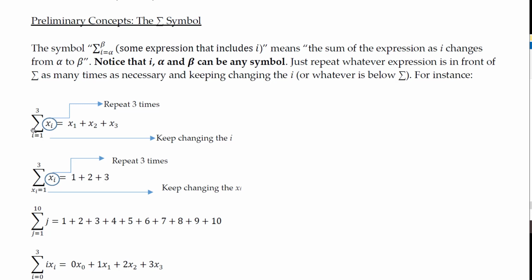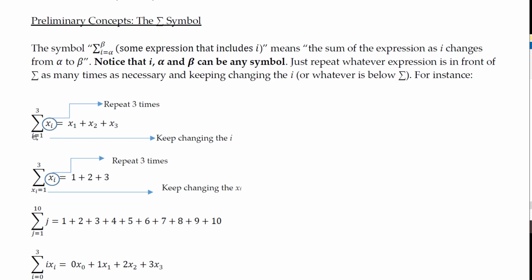For instance, in the summation symbol here, i is changing from 1 to 3, and the expression is just x_i. What does that mean? You're going to repeat the expression as many times as necessary. You repeat everything except for the lowercase i, which is under the summation symbol.